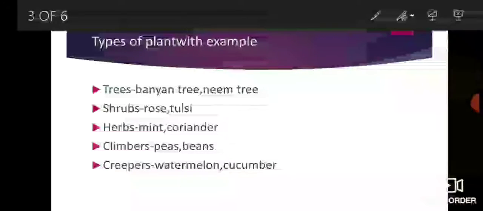Now there are three more types of plants: herbs, climbers, and creepers. They all have a green colored stem, and their stems are very weak, not strong. Herbs are very small plants with a green stem.